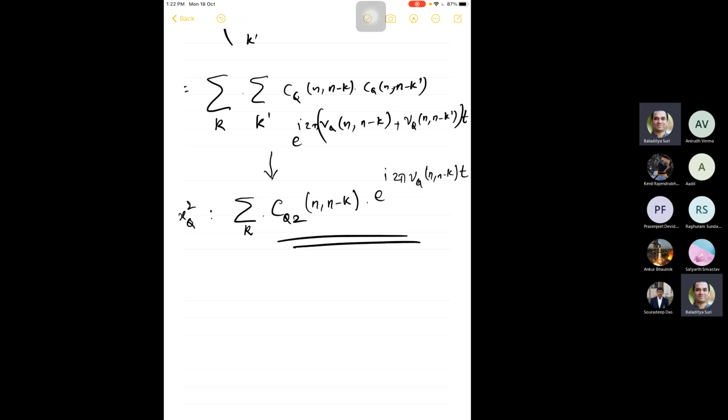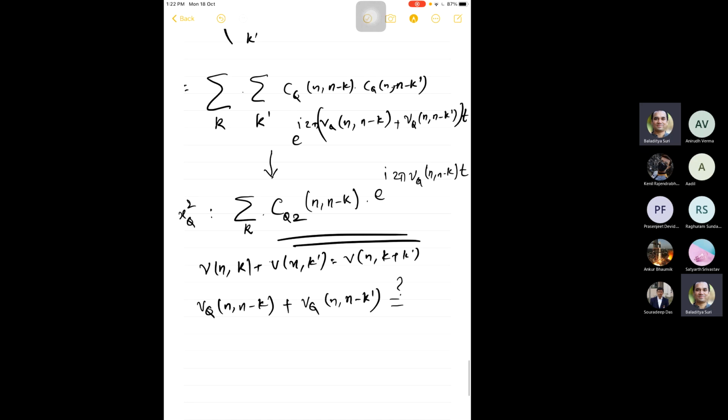Now look at this. Classically, ν(n,k) plus ν(n,k') is ν(n,k+k'), right? Quantum mechanically, is this equal to that? What is this equal to?